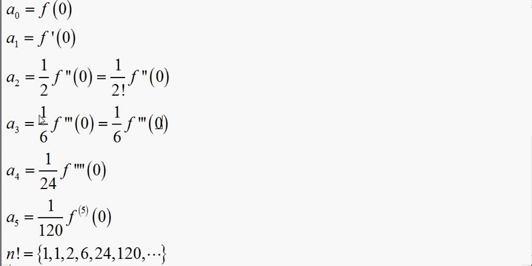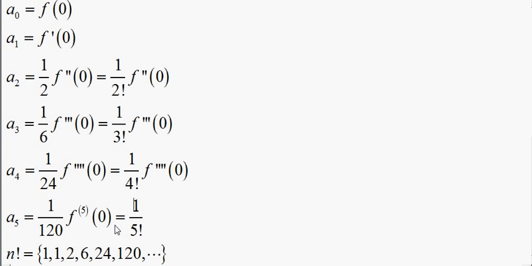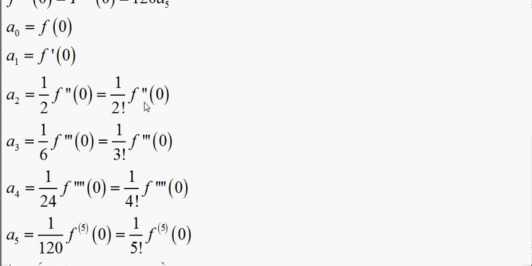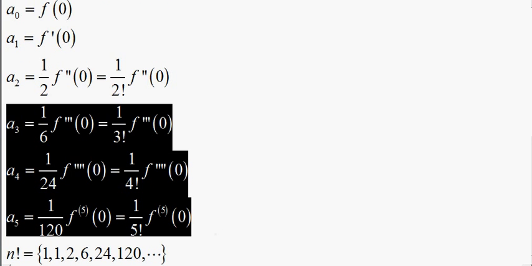This can be written as 3 factorial. This can be written as 4 factorial. And this can be written as 5 factorial. There. So these are all our different coefficients.